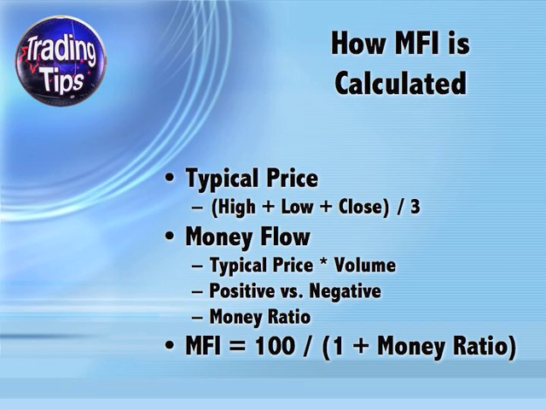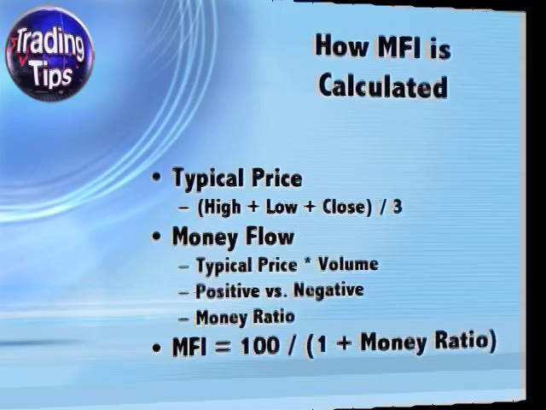The money ratio compares the days of positive money flow against the days of negative money flow, and is then used to calculate the MFI or money flow index, which is standardized to a scale of 100 by the formula MFI equals 100 divided by 1 plus money ratio. Don't worry, you'll never need to calculate MFI on your own, but understanding the mechanics of how it's calculated is essential to fully understanding its uses as a trading tool.